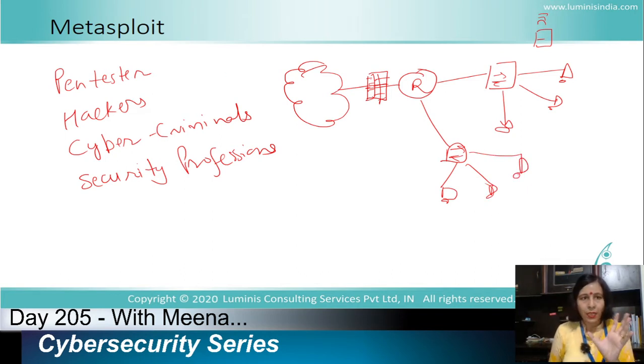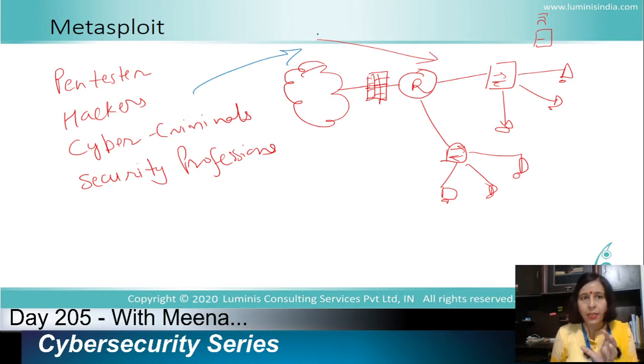Being a penetration tester, the company wants to know whether any kind of vulnerability exists on a system or not. And hackers and cyber criminals want to find out the vulnerabilities and damage the company.